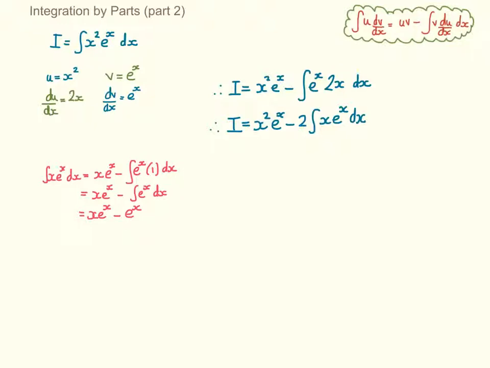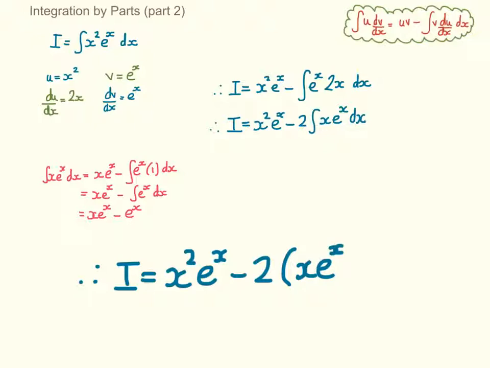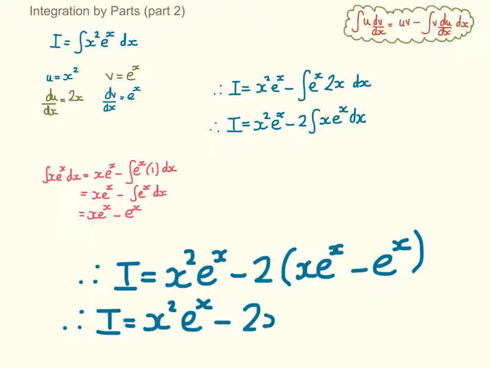So now going back to our original integral, therefore I is going to become x squared e to the x, subtract 2 lots of x e to the x, subtract e to the x, plus an arbitrary constant, which I haven't put in there. So if you expand all that, we're going to get x squared e to the x minus 2x e to the x plus 2 e to the x plus c.